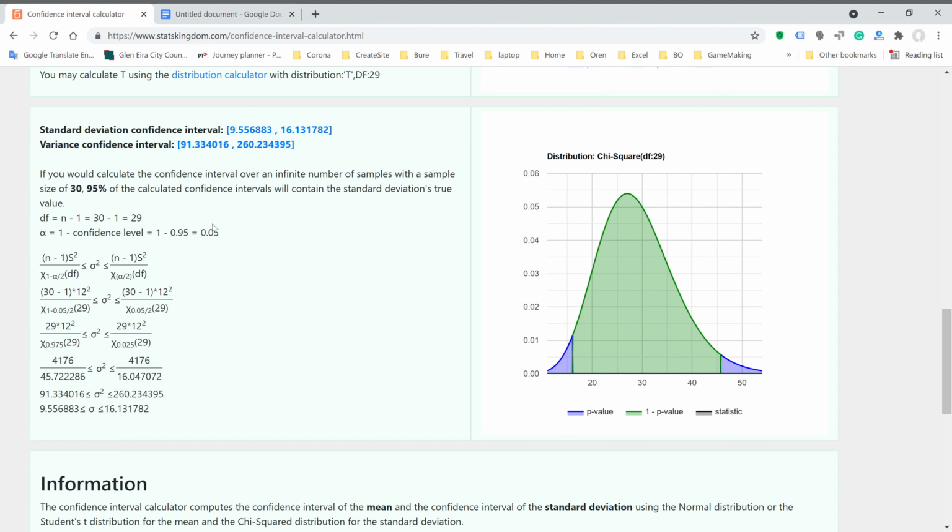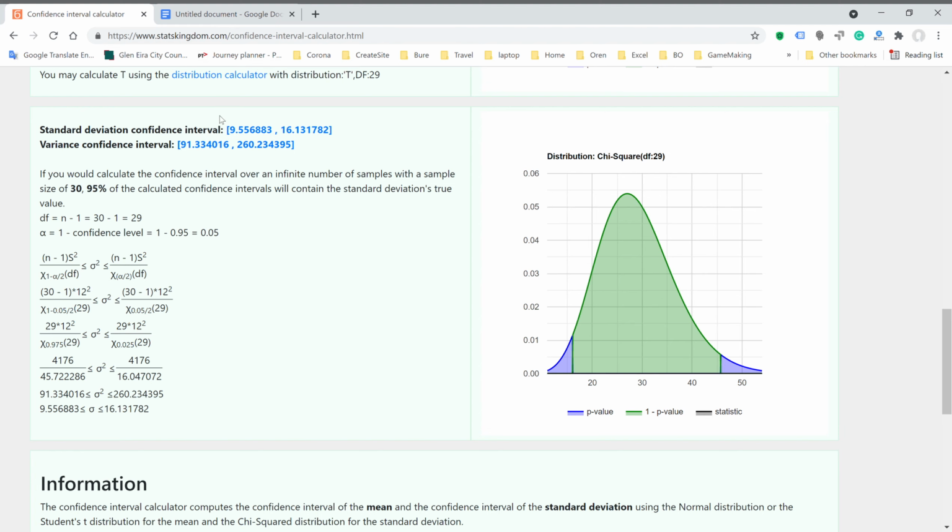And again, like any confidence interval, this means that if we calculated the confidence interval over an infinite number of samples with a sample size of 30, 95% of the calculated confidence intervals will contain the standard deviation's true value. And again, we have the derivation below, which uses a chi-square distribution.